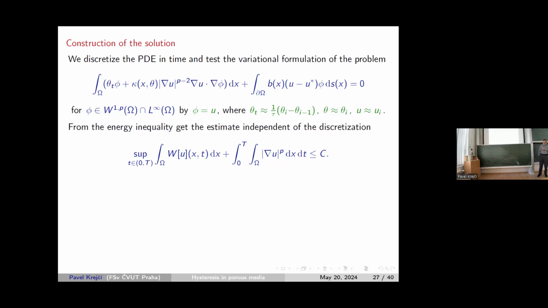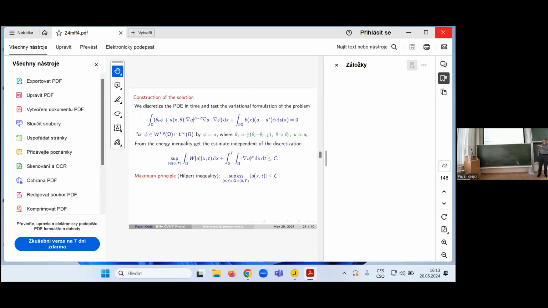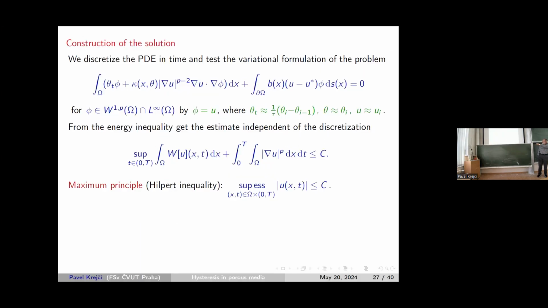Fortunately, we have the Hilbert inequality, which allows us to test by the Heaviside function of u minus some capital R, with capital R sufficiently bigger, for example, than the right-hand side. Then we prove that the functions u i of x and u of x, t is globally bounded. This is an additional information, but it's still not enough.